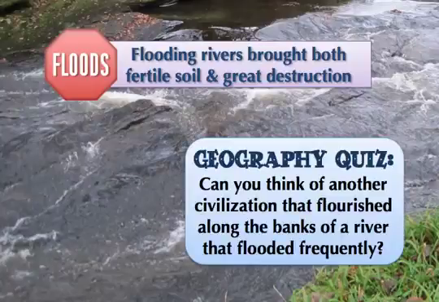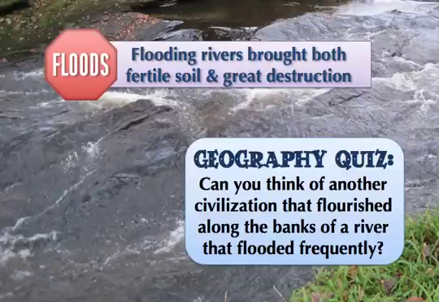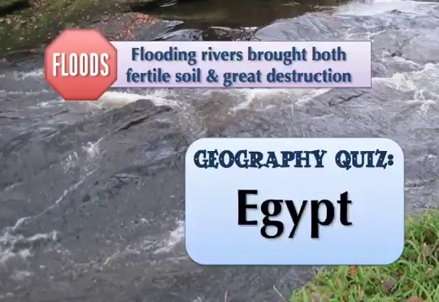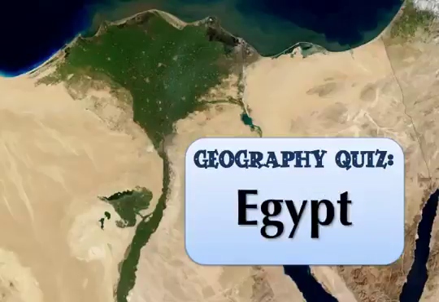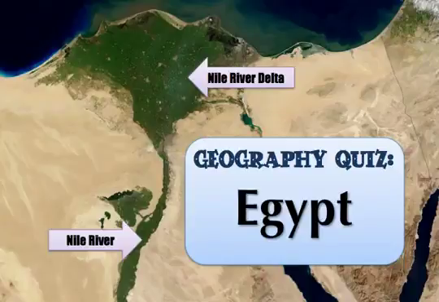Does this sound familiar to you, by the way? Does this sound like any other civilization that you've studied before? Now, you might come up with several different examples, but probably the most famous example that we know of a river that floods, but as a result of the flood allows the civilization to exist, would be, how about Egypt? Let's look at another satellite image. Here's a satellite image looking down on Egypt, and you can clearly see the location of the Nile River, because along the Nile River we see green area.